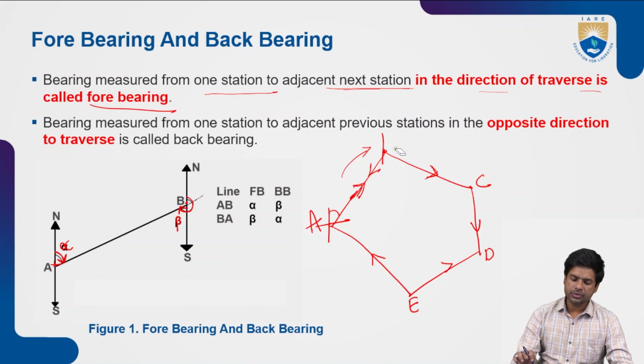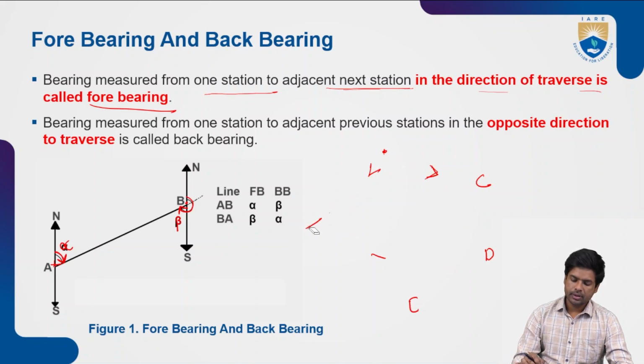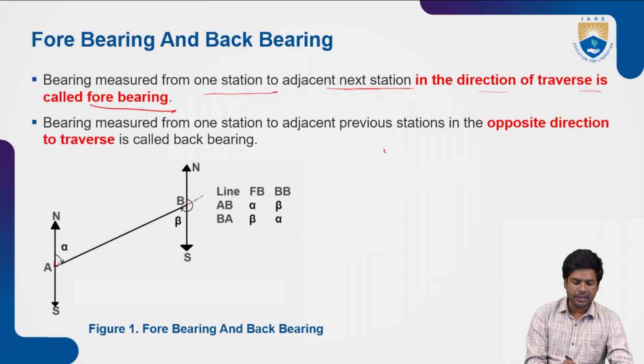In this example, for the line AB, the forebearing of AB is alpha, and the back bearing of line AB, that is BA, is beta.